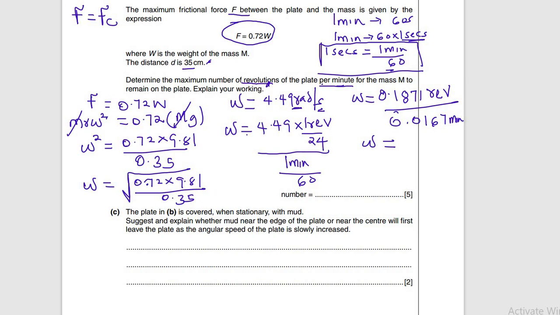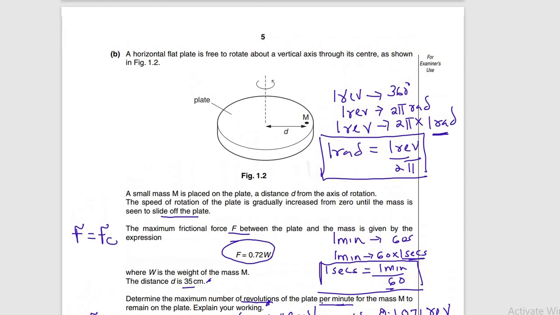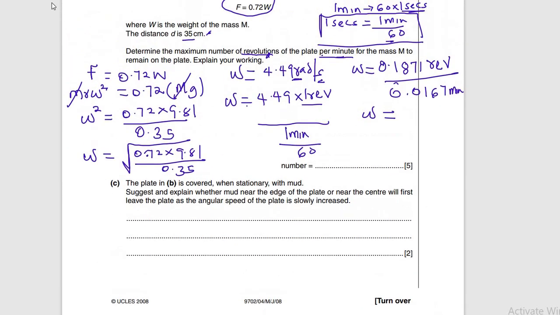Let me confirm it properly. Oh, this is 2π, not 24, sorry. One radian is one revolution over 2π.